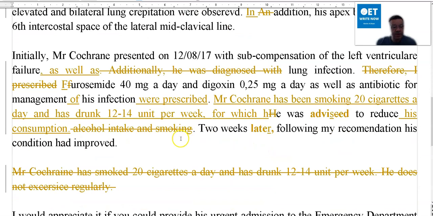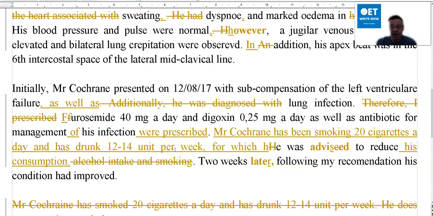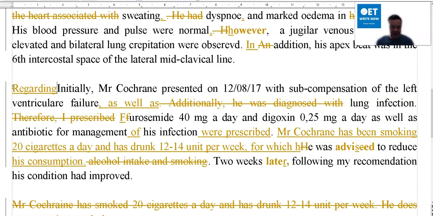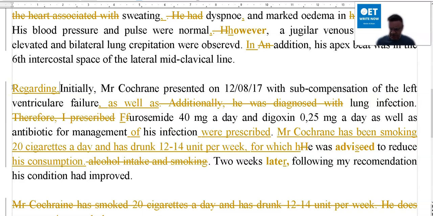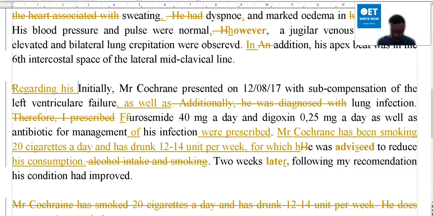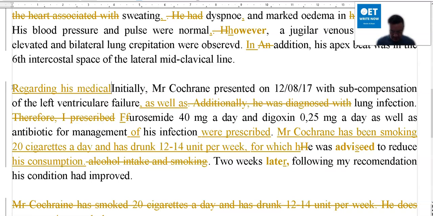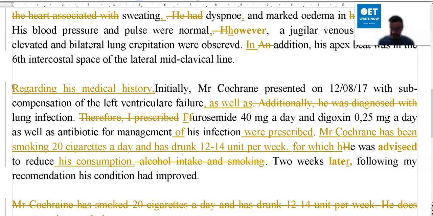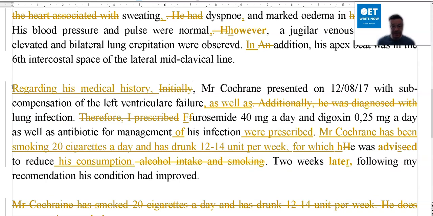You could maybe mention something regarding his history, then put that there. So instead of 'initially', actually I think that's better, because just saying 'initially', you could say 'regarding his medical history'. Okay, that's maybe better than 'initially'.